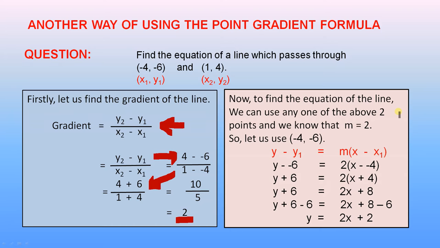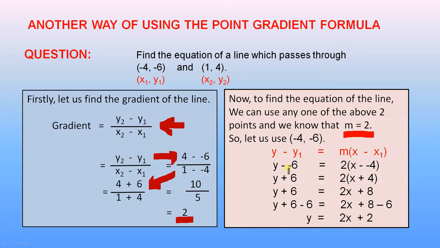Now, to find the equation of the line, we can use any one of the above 2 points, and we know that m equals 2. So we've already worked out the gradient. That's m equals 2. Let's use the point minus 4, minus 6. We're going to use that point there. So y minus y1 equals m outside of x minus x1.